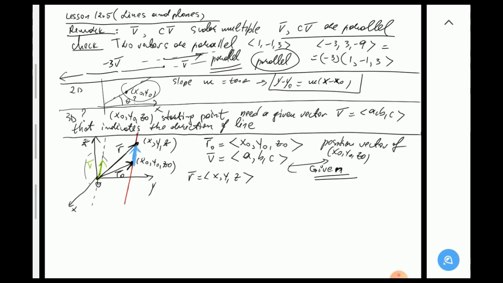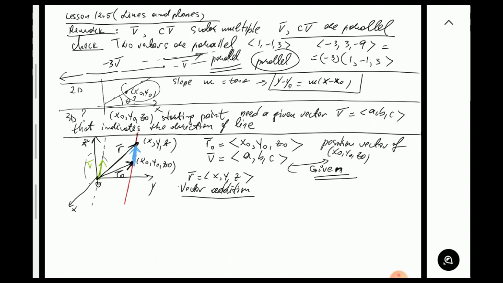Okay, cool. Now remember vector addition, one of the elementary operations we talked about. If you look carefully, the blue vector added to r naught will give you r.